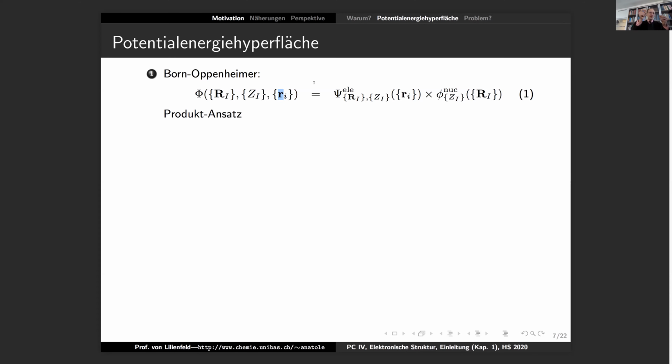There could be an electron, and that is our electron i. And in total, you have a bunch of electrons, n electrons. The number of electrons for a neutral molecule would equal the sum of all the nuclear charges. So these things you know, right? You're already sufficiently advanced in chemistry to know that.